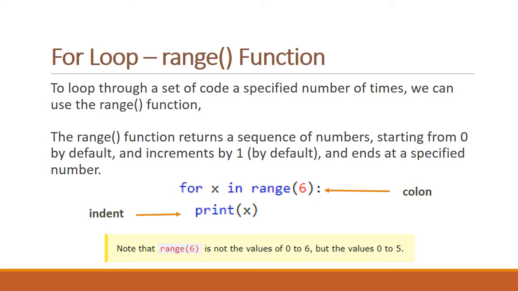Notice that the loop header ends with a colon, and every statement we want repeated within the for loop is indented. So the statement that's going to be under the control of this for loop is the statement print X.